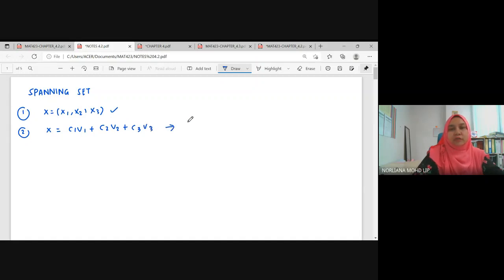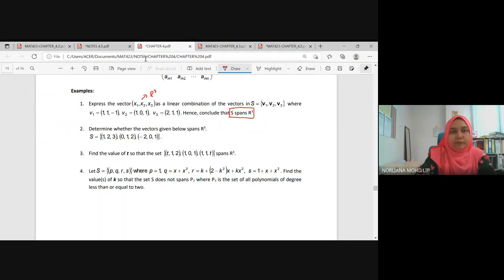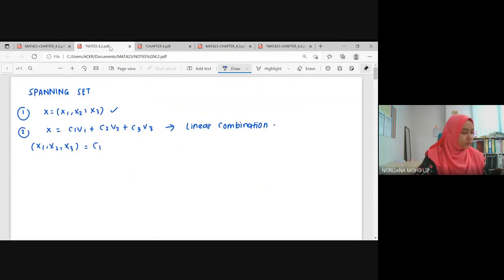This is the equation for linear combination. Then you need to substitute the vectors given into the linear combination equation. Let's substitute. So x is (x1, x2, x3) equal to c1 times v1, which is this one. Substitute v1.